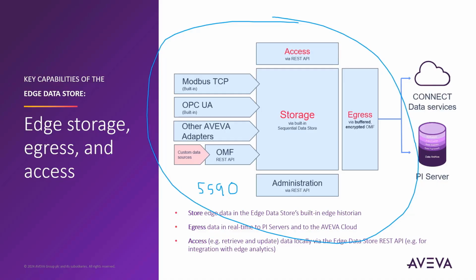Now, in terms of getting into a little more detail on how we handle security of the data when it's being stored, when you are egressing data, you have to be able to write to a PI Server and to Connect data services, and you have to be able to pass along credentials, client IDs and client secrets, and things like the username and password for writing to the PI Server's web API endpoint.